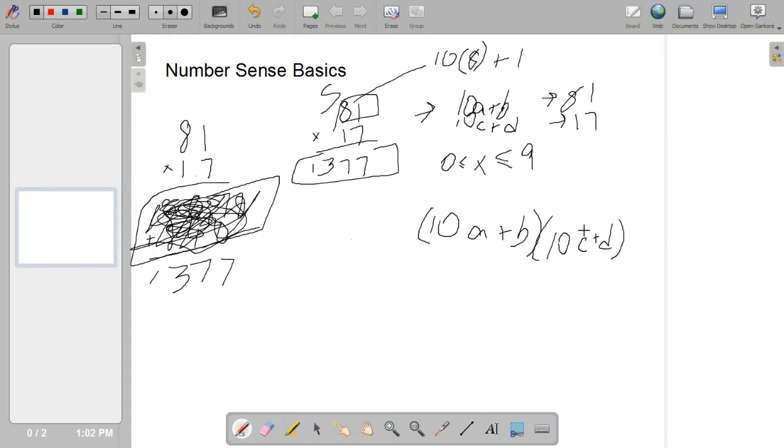Okay, so let's do this the normal way. Let's distribute b. So we get 10cb plus bd. Okay, hope I haven't lost anybody. Now let's distribute 10a. 10 times 10 is 100ac.